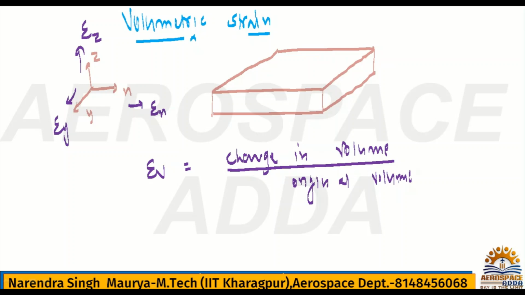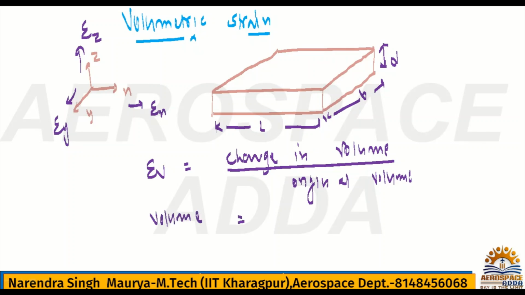Now, if any rectangular bar we have here, and we can say this is length L, this width is B, and here the depth is D. What will be the original volume for this?